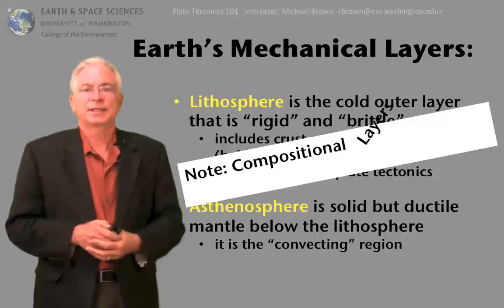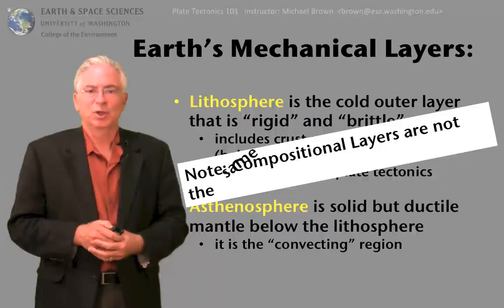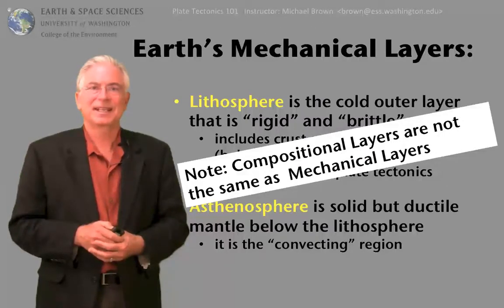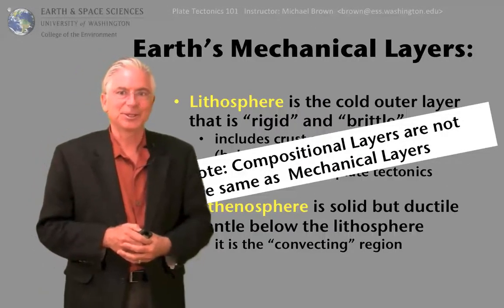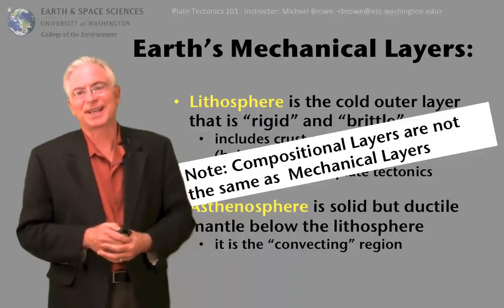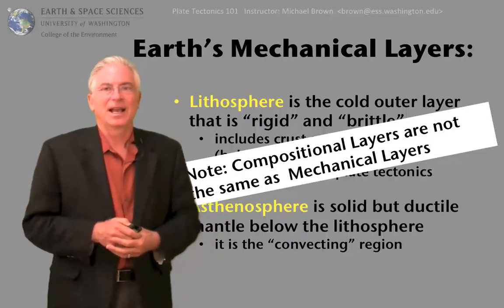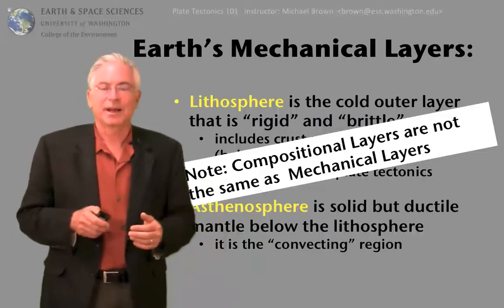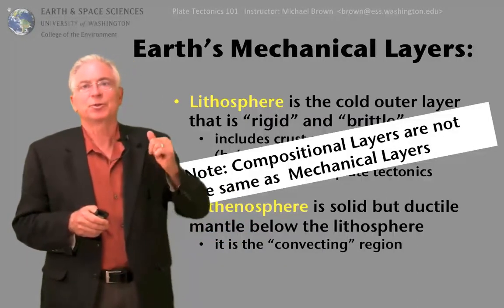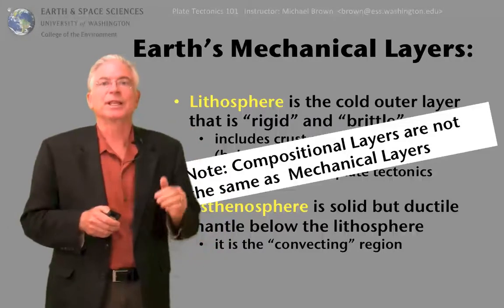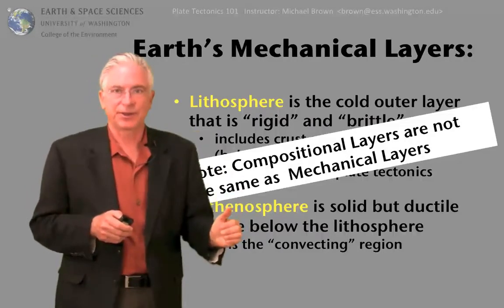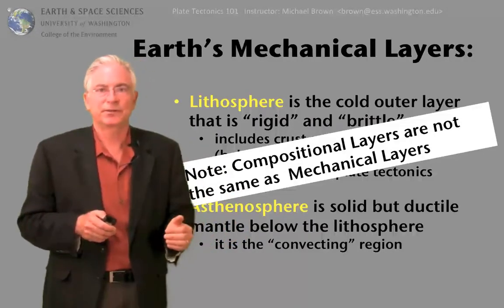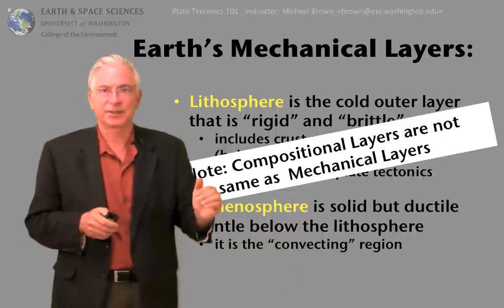So I've brought this in as a fancy animation for a reason. Note, compositional layers are not the same as mechanical layers. I don't know how many times students and even professionals will refer to the Earth's crust when they really mean the Earth's lithosphere. Do not confuse crust and lithosphere.